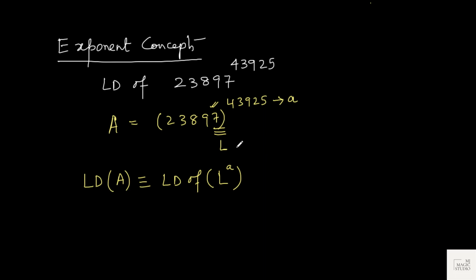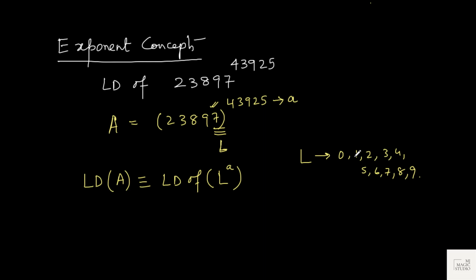Now, depending on this, tell me what can be the L of any number. The last digit of any base can be 0, 1, 2, 3, 4, 5, 6, 7, 8 or 9.